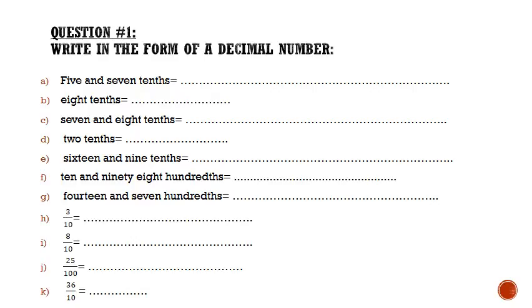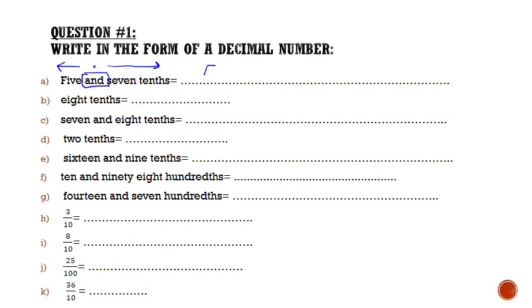Okay? For the first one, I have 5 and 7/10. Every time I see "and," what does that mean? Point. Everything to the right is the decimal part, and everything to the left is the whole part. What's my whole part?